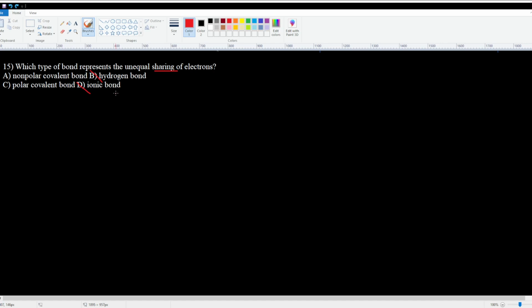So as we discussed earlier, if we're talking about unequal sharing of electrons, that's always going to be polar. Because if we're talking about creating poles, right? If we have positive on this end and then negative on this end, then it's going to be unequal because we're going to have a higher density of electrons on this end compared to this end.